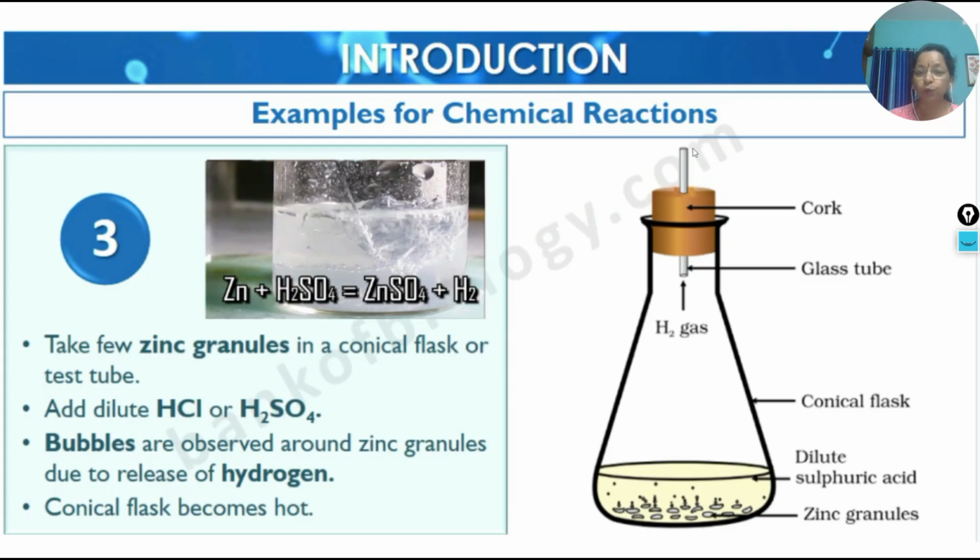That proves the gas evolved is hydrogen. Actually, that is the test for hydrogen gas: a burning matchstick goes off with a pop sound. At the tip of the glass tube, a flame appears where the gas coming out is burning.